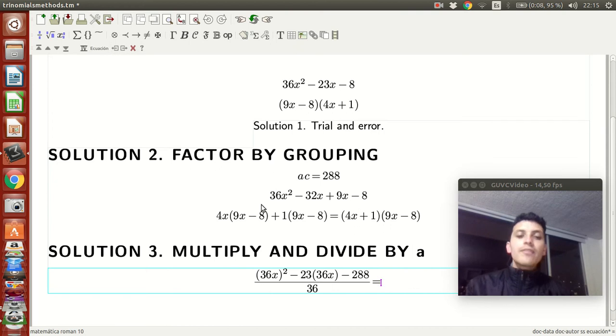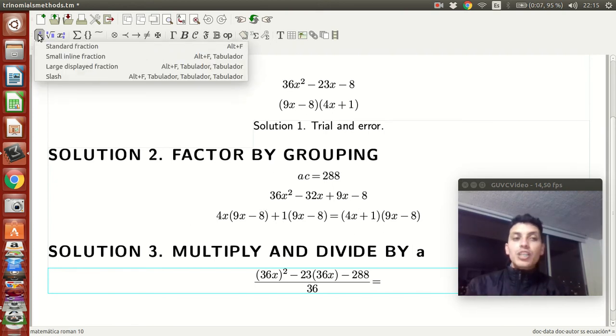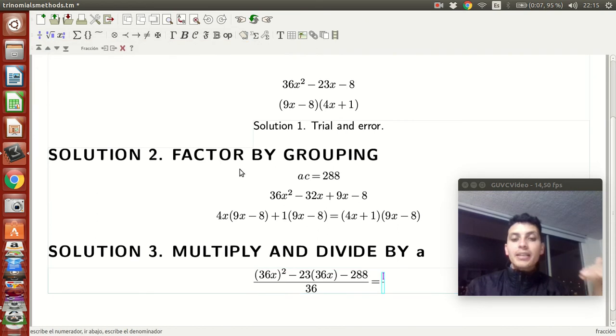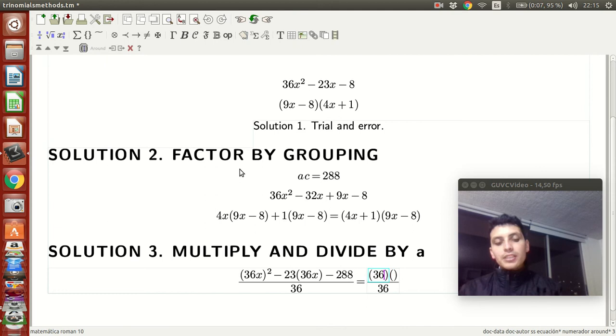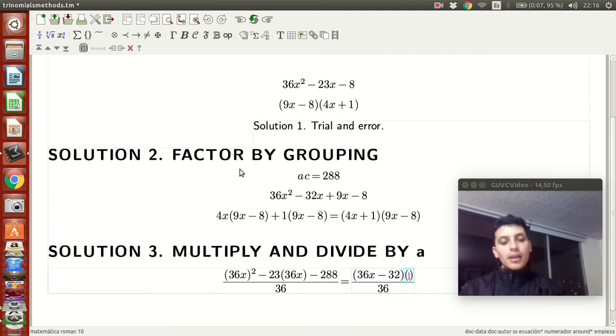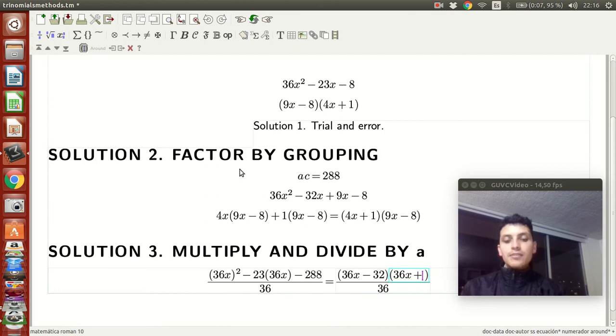And now we have to find two numbers whose product is negative 288 and whose sum is negative 23. We found it in the last exercise. We just apply prime factorization to the number 288, and the numbers we got were negative 32 and positive 9.